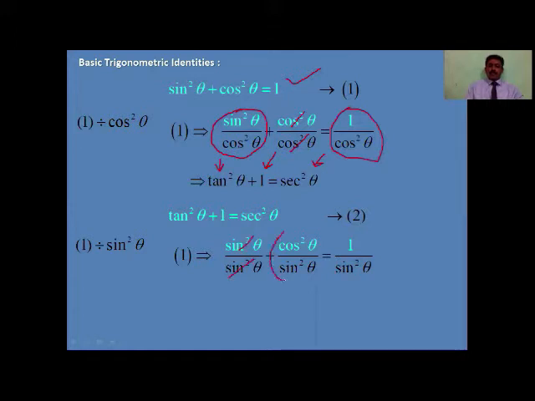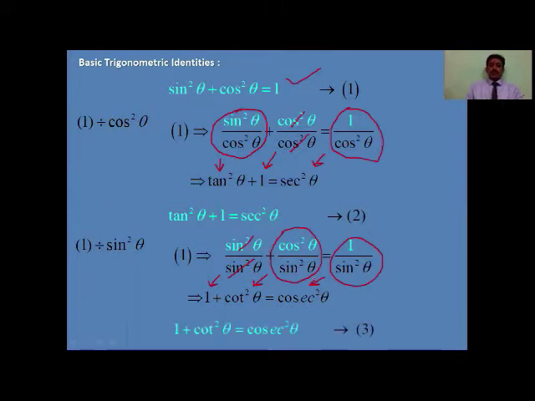We know that cos square theta by sin square theta is cot square theta, and 1 by sin square is nothing but cosecant square theta. So therefore, another identity is 1 plus cot square theta equal to cosecant square theta.